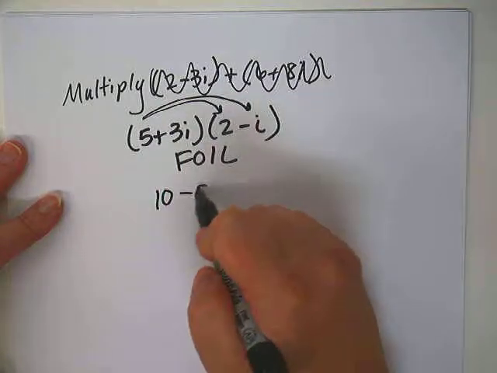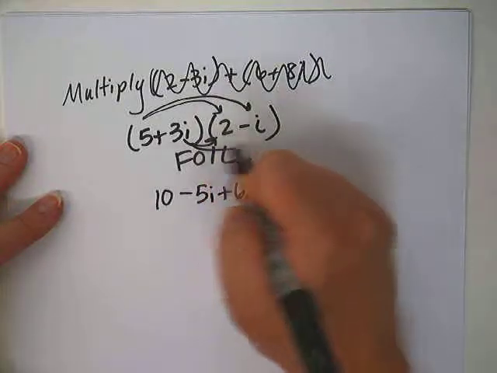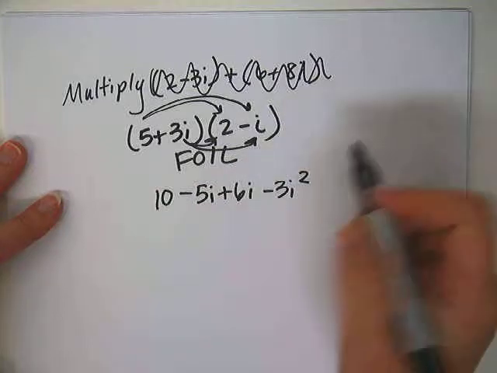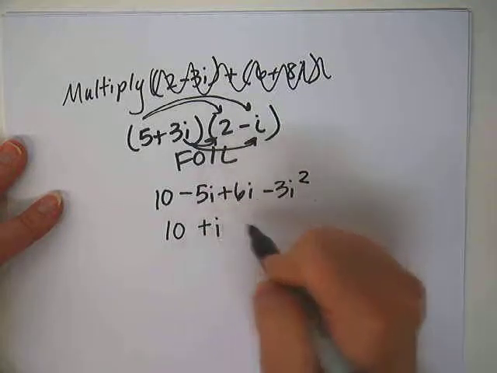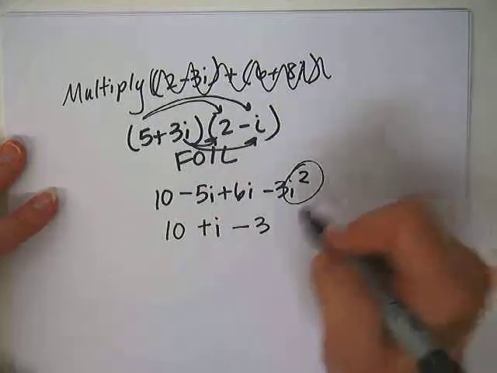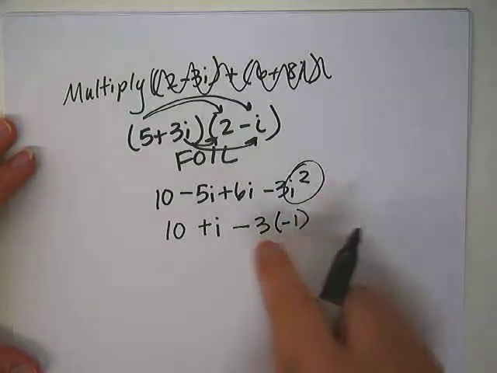So we're going to FOIL that whole thing out. 5 times 2 is 10. 5 times negative i is negative 5i. 3 times 2 is 6i. And 3i times negative i is negative 3i squared. So that gives us 10 plus i minus 3i squared.